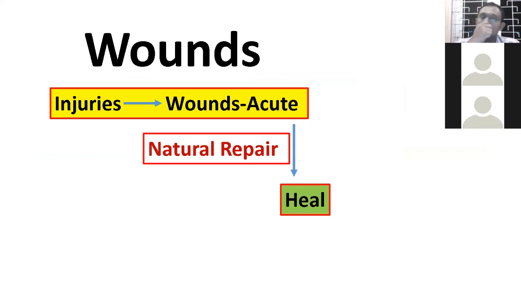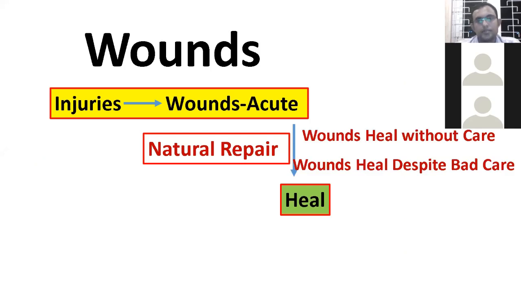So I told you the last time that all wounds start as acute, and all wounds heal. The natural tendency of the body is to heal. For that, there are natural repair processes.